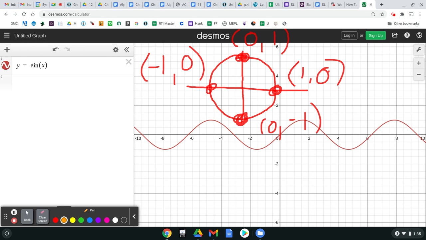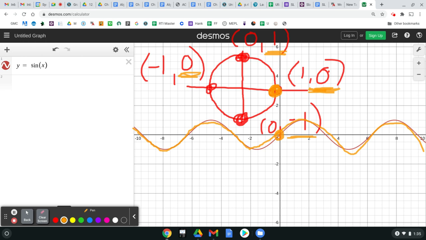Now I'm going to turn this graph orange real quick. Remember that the y coordinate represents the sine. So where does the y coordinate start when we're at 0? It would be 0. That's right. Look where we start the curve.